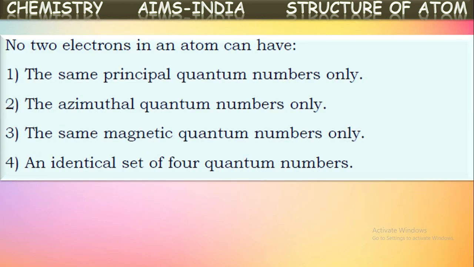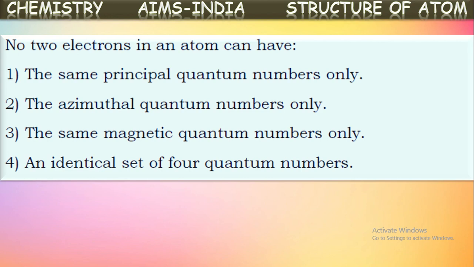No two electrons in an atom can have what? According to Pauli's exclusion principle, no two electrons in an atom can have an identical set of four quantum numbers.